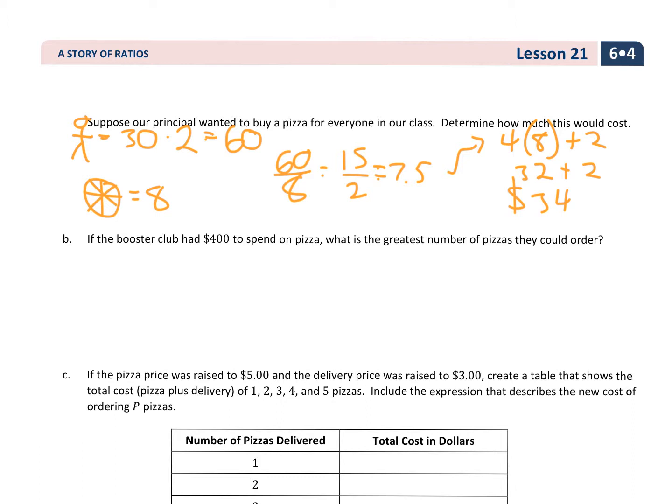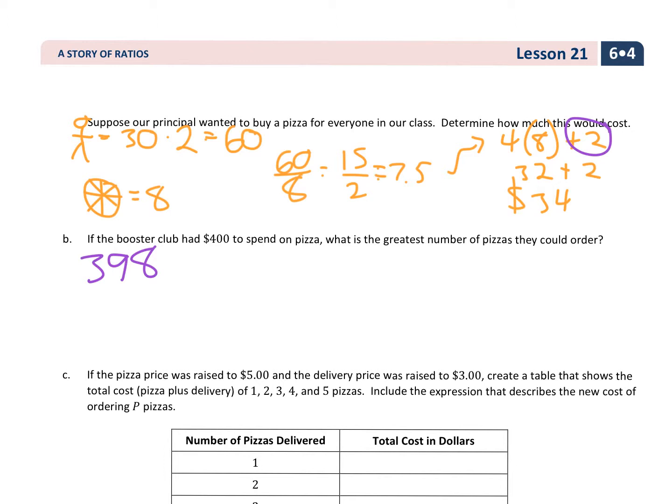And then it says, if the Booster Club had $400 to spend on pizza, what's the greatest number of pizzas they could order? So if you're going to spend $400 on, like, let's say a pizza party, you have to think about the fact that you are always spending $2 for delivery. So you can actually only spend $398 on pizza if you want to be a cheap person and not give the delivery guy a tip for all that pizza too.